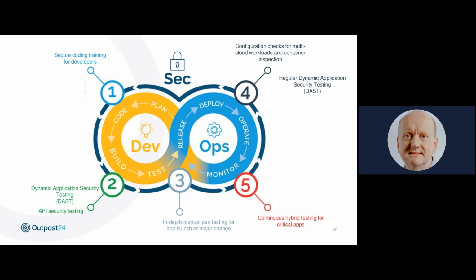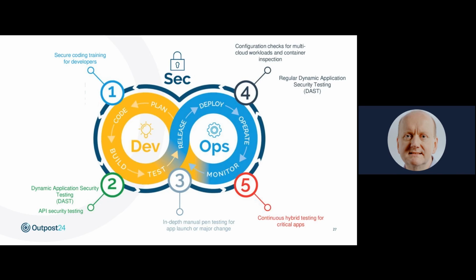Then when we're releasing, if we're relying on containers to pull in databases or other elements, checking ahead of time that those are clean from vulnerabilities, so that the infrastructure we're providing to the developers and the production environment is a sound infrastructure that we can rely on.